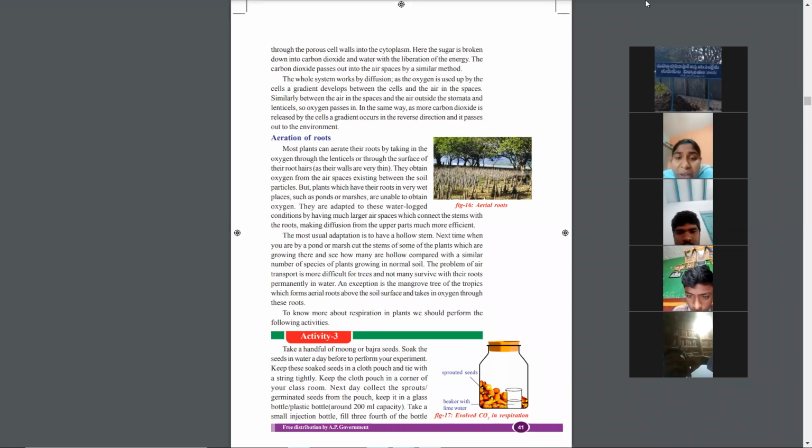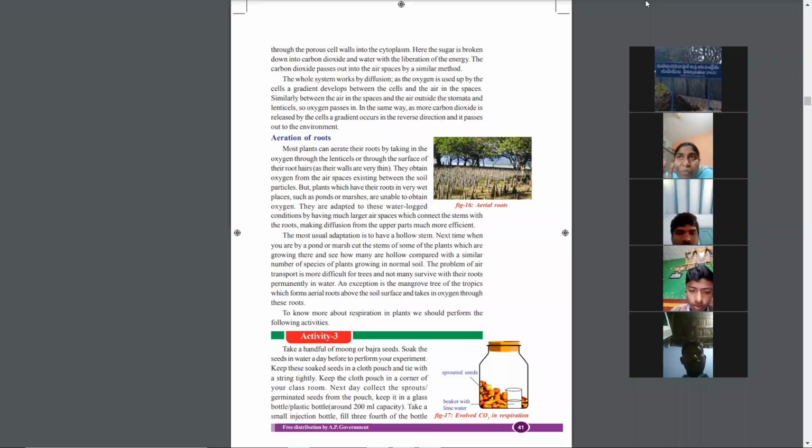If you reach there, you can cut some of the plants and observe their hollow stem when compared to the normal plants which grow in normal soil. Because of the problem of air difficulty, some plants may survive because of the adaptation they have. Some plants find it difficult, so those might die if permanently in the water.